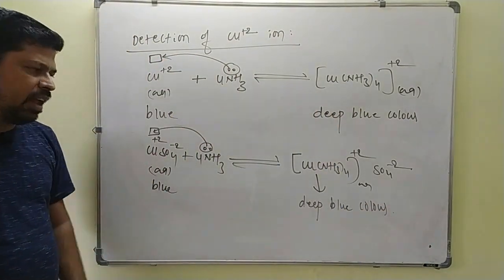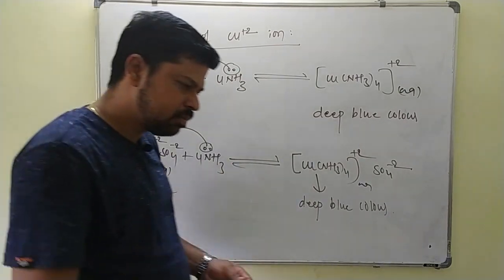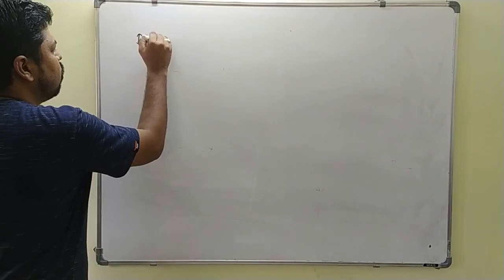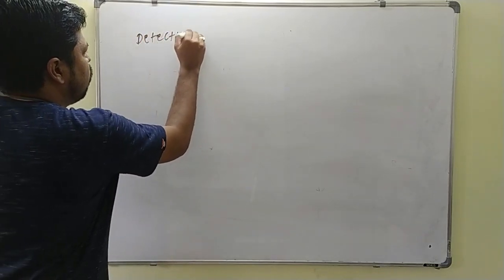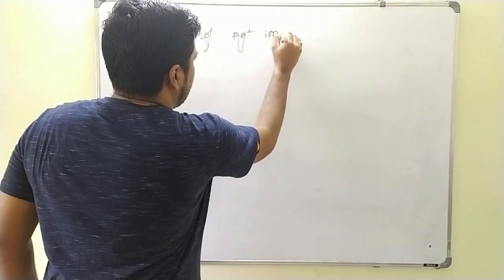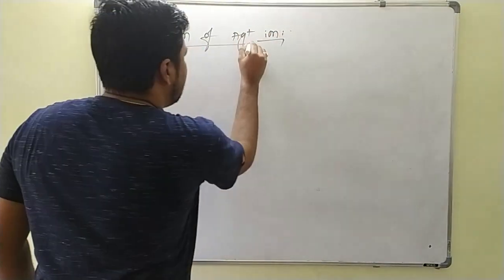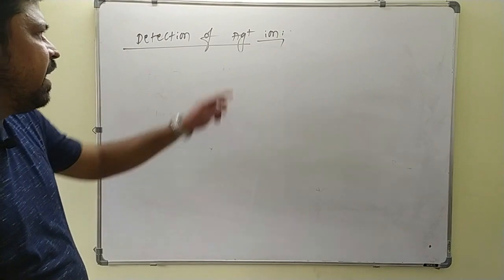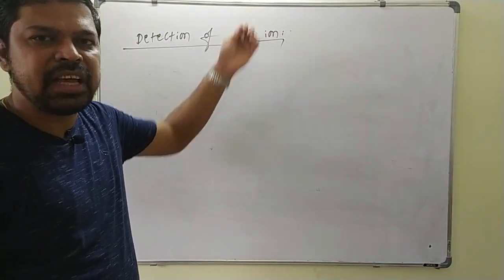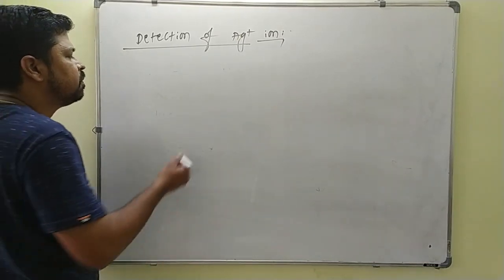Simply, this is only an ionic equation. You can write it like this also. Next one, detection of Ag plus ion. Same thing. This Ag plus ion has a tendency to form a complex with ammonia molecules, because it has a vacant d orbital.